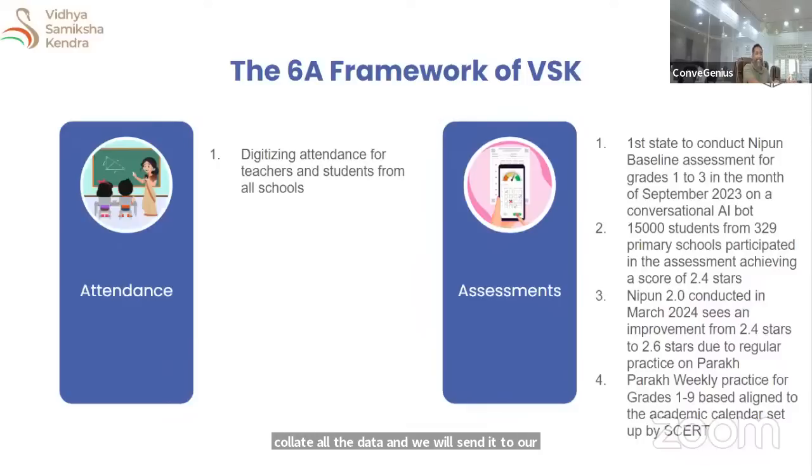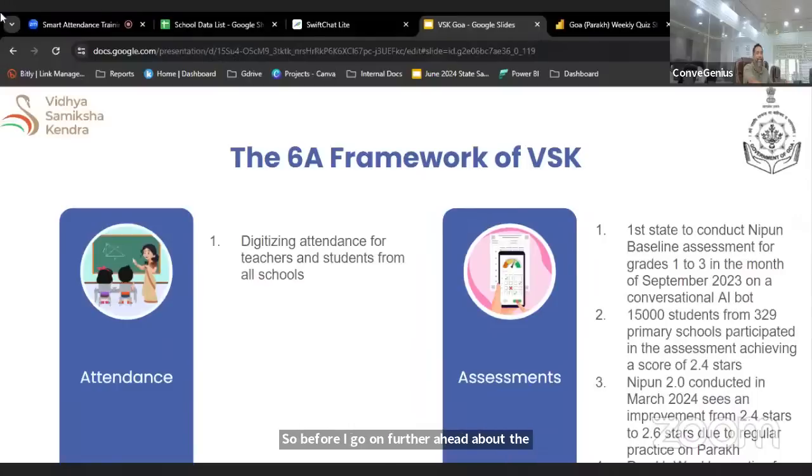Between updating details on the Excel document and on the bot, there is a slight gap. It takes approximately 2 to 3 weeks to actually update the data on the chatbot. So before I go further ahead about the chatbot, let me now move to the Excel document.